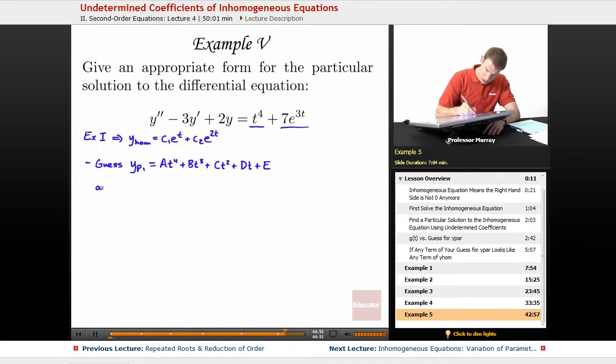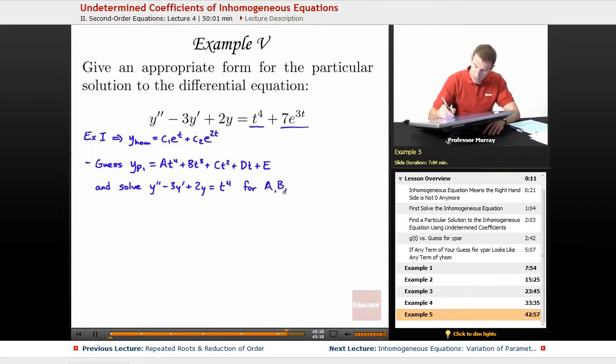And we would take that guess and we would solve y double prime minus 3y prime plus 2y is equal to t to the fourth. We would solve that for the undetermined coefficients a, b, c, d, and e. So that would be the first part of solving this problem.